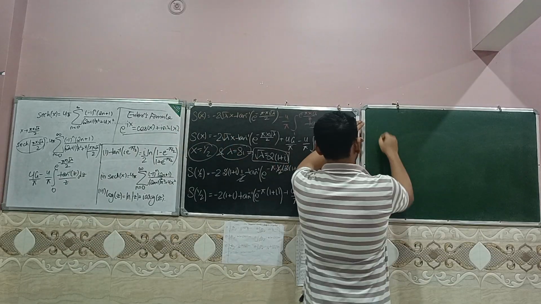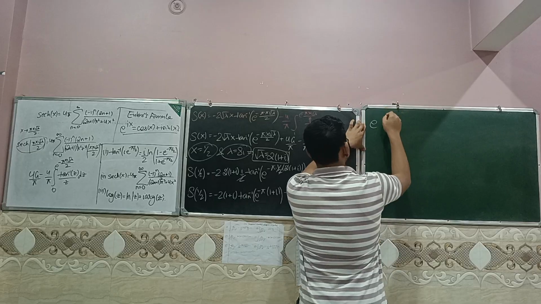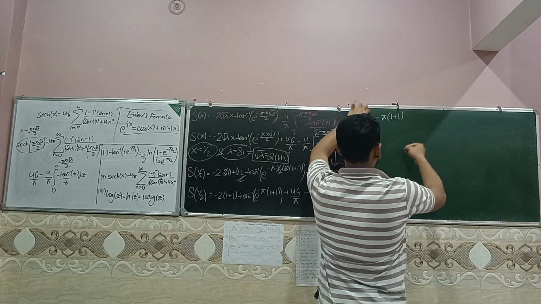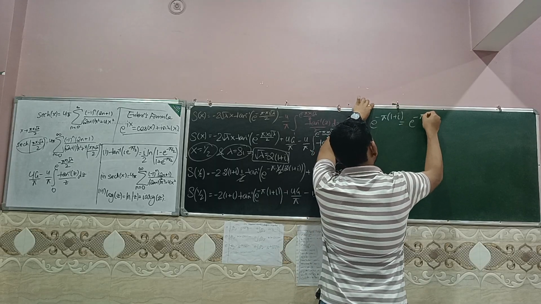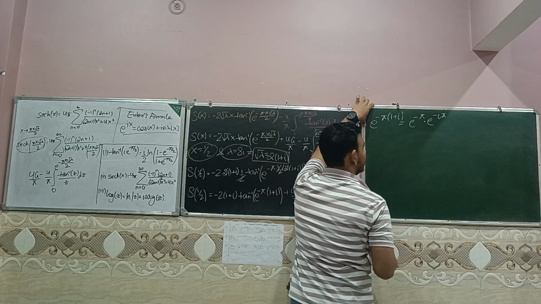We are going to solve the argument of the arc tangent, that is e to the minus I pi times 1 plus I. Open it up, so this becomes minus pi times e to the minus I pi, right?